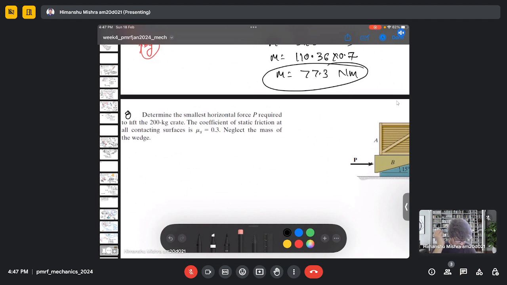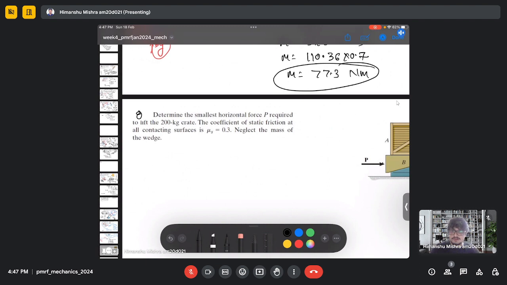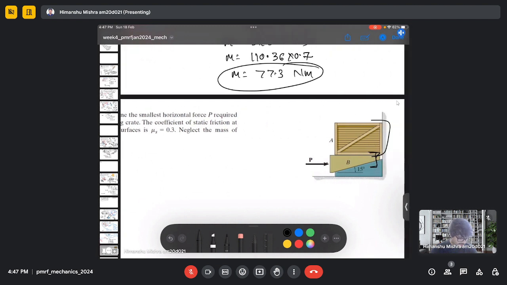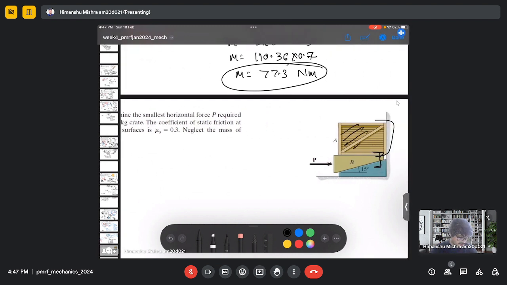So here the question is, determine the smallest horizontal force P required to lift the 200 kg crate. The coefficient of static friction at all contacting surfaces is 0.3, neglect the mass of the wedge. So we are given the mass of this crate and we need to neglect the mass of the wedge, and we are given the coefficient of friction between all surfaces.